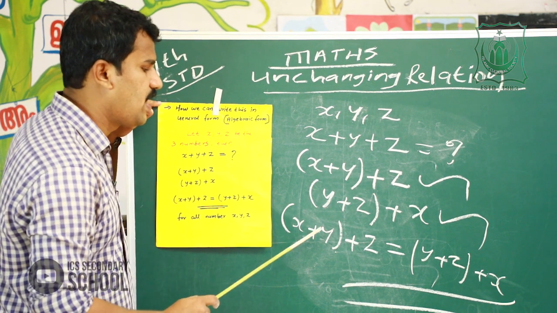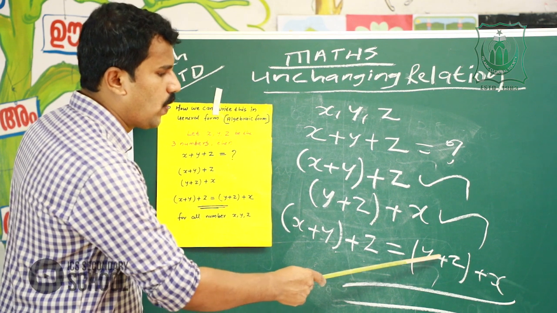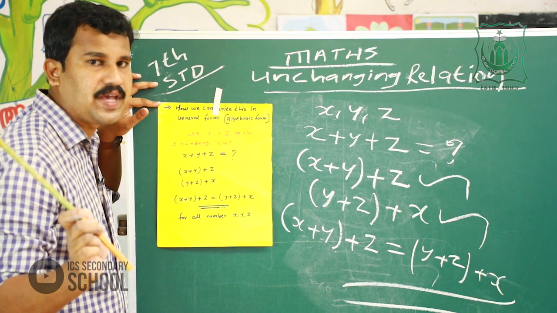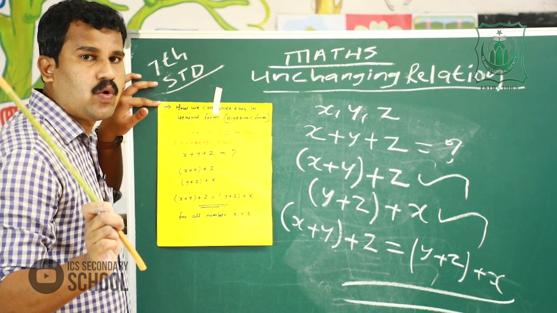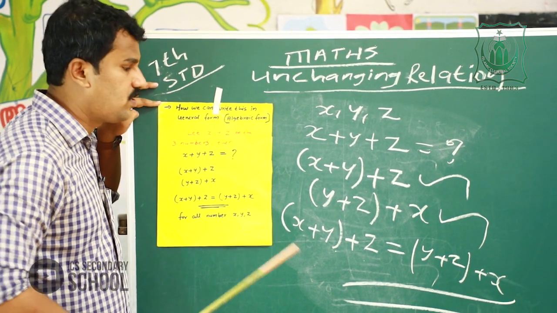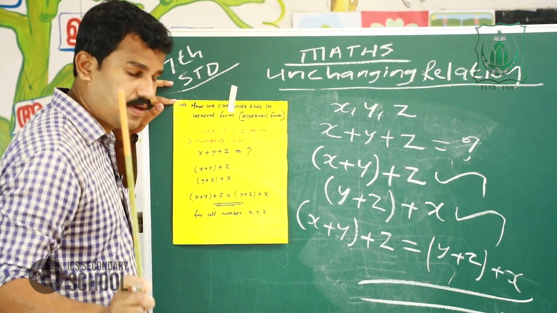So we can write x plus y plus z equal to y plus z plus x. Got it? So that is how we write the addition method in algebraic form.